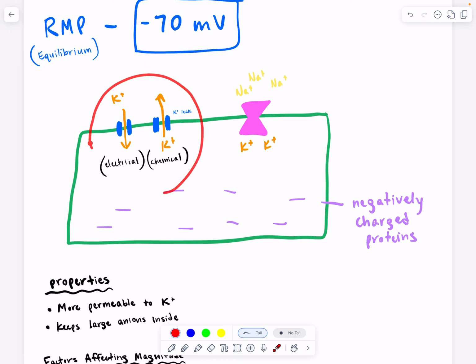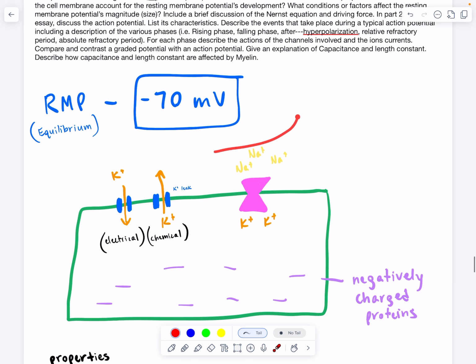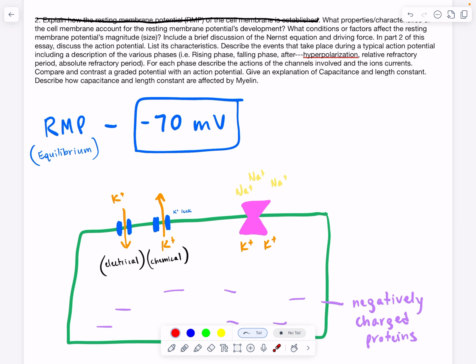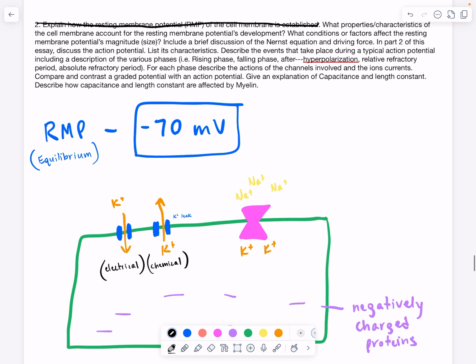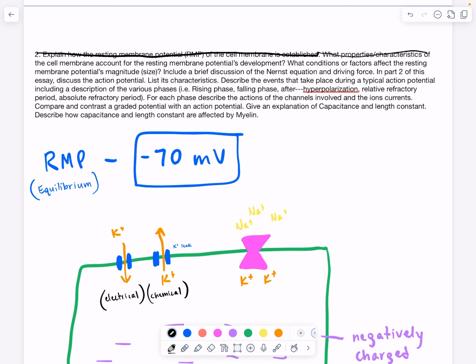So this little cycle right here, this kind of competition, creates an equilibrium. And when that equilibrium is met, this is the membrane potential, or the resting membrane potential. So we went over some properties of the membrane that account for that.